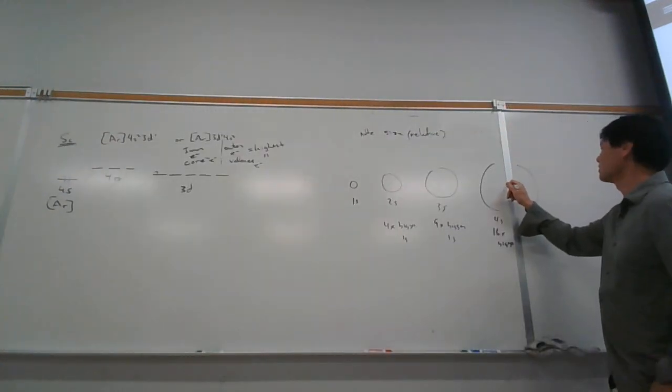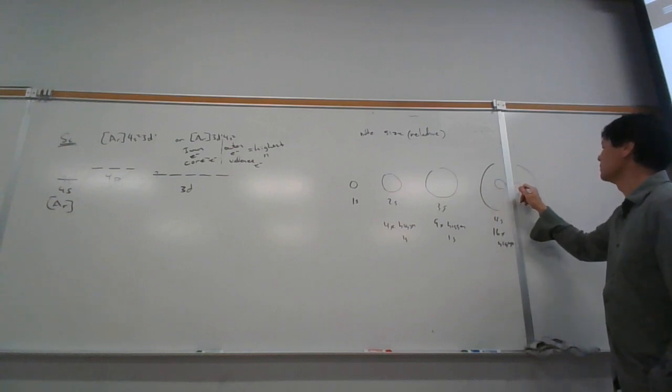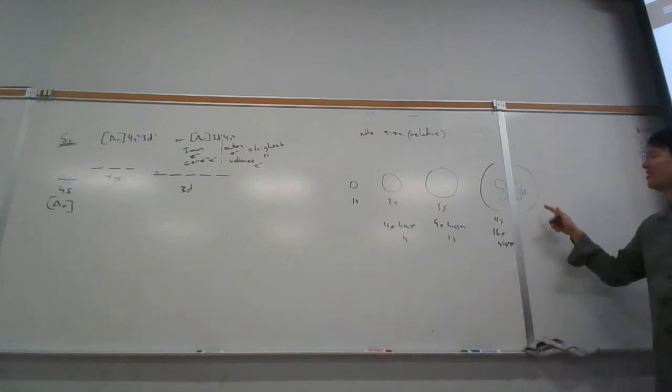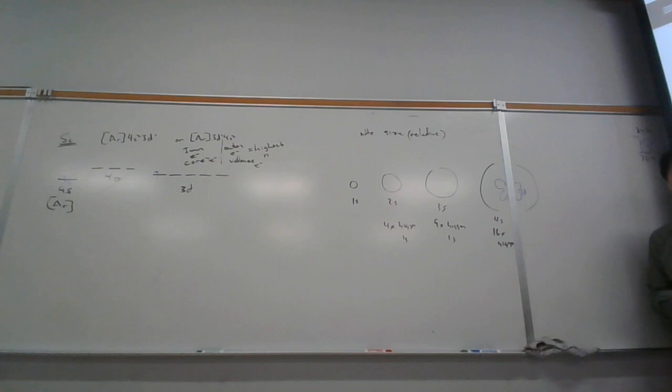If you're an oxidizer, will you grab one that's in the 3d, or would you grab the 4s? You're an oxidizer. You're coming along to take an electron from scandium. Are you going to grab a 4s electron, or are you going to dig deeper and grab a 3d electron? You're going to grab a 4s electron.